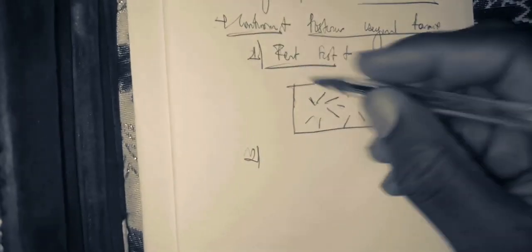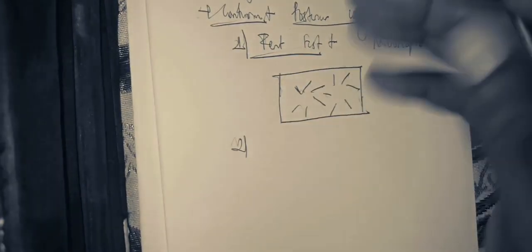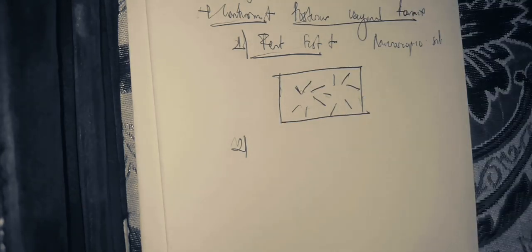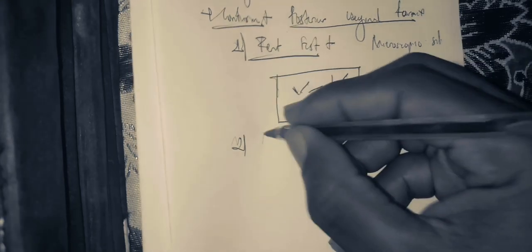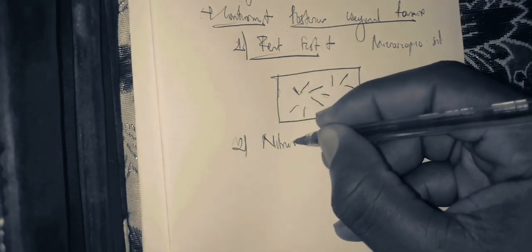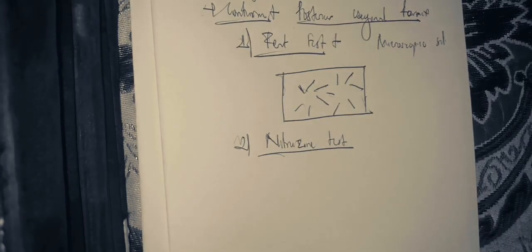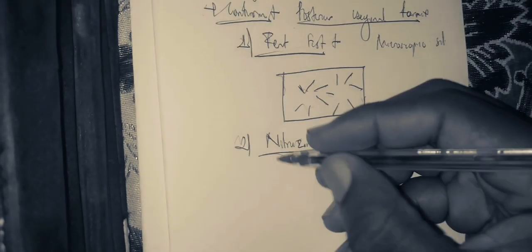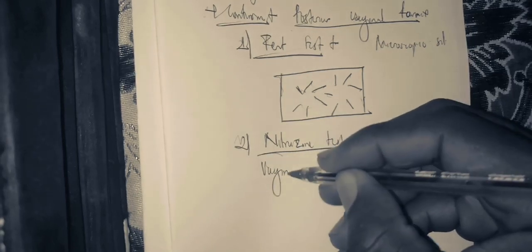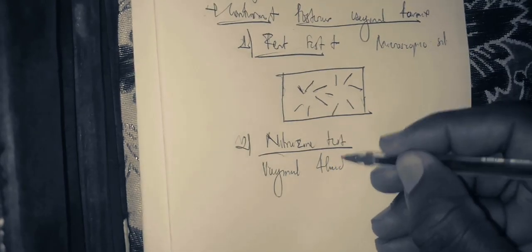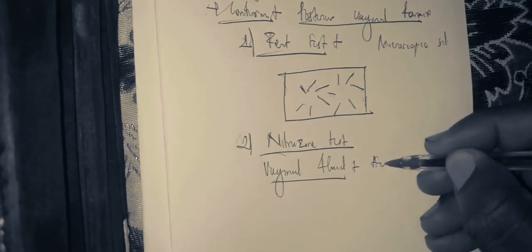Now, the second one, after a positive fern test, when you are seeing a fern shape structure on the microscopy, you can also do the nitrazine test. For the nitrazine test, you need to know that the vaginal fluid is generally acidic.